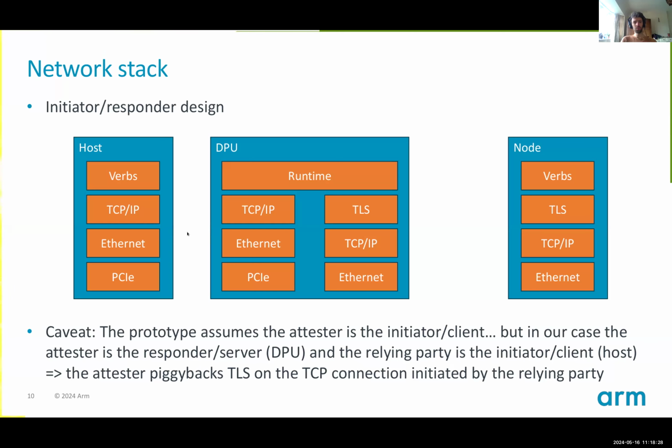Right. So it's not implemented yet, but the idea is that TDISP would only be used between host and DPU. That's kind of the crux, I think. TEE will have a different meaning for every device manufacturer.